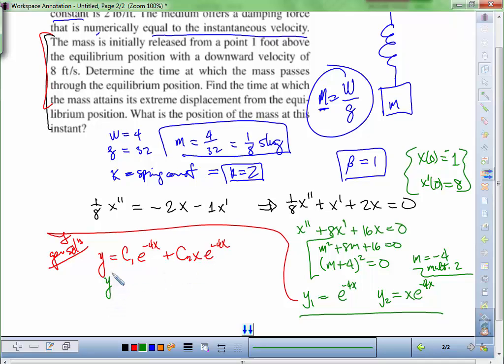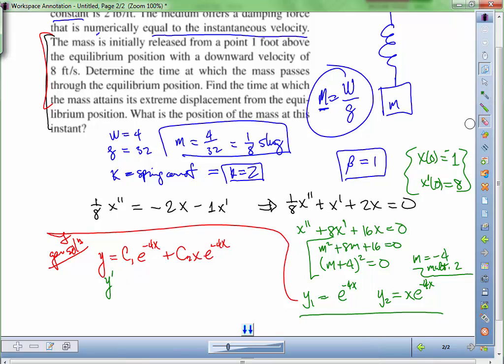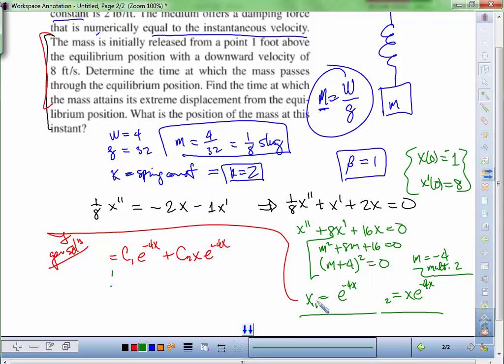So in doing so, we need to take, I'm back at y again. Is that bothering you, or do I need to change it? Just change it from the beginning.